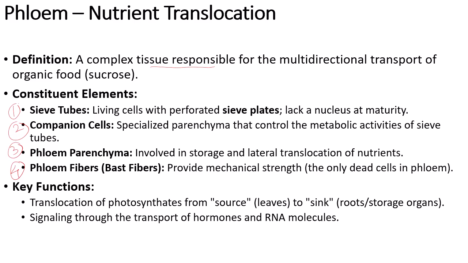Out of these, the phloem fiber or bast fiber is the only dead tissue, but the rest are living tissues. The main function of phloem is translocation of photosynthates from source, that is leaves, to sink, that is roots and storage organs. It also does signaling through the transport of hormones and RNA molecules.